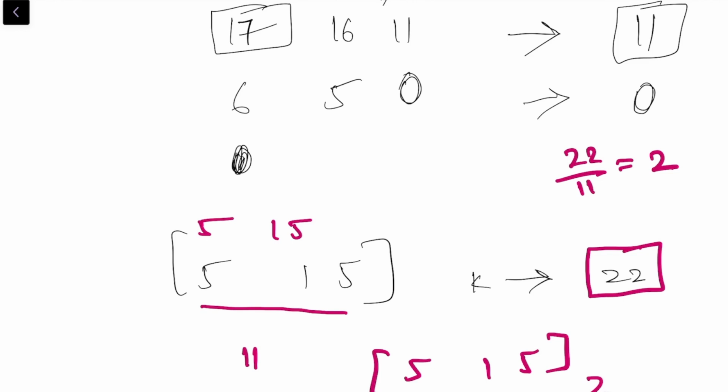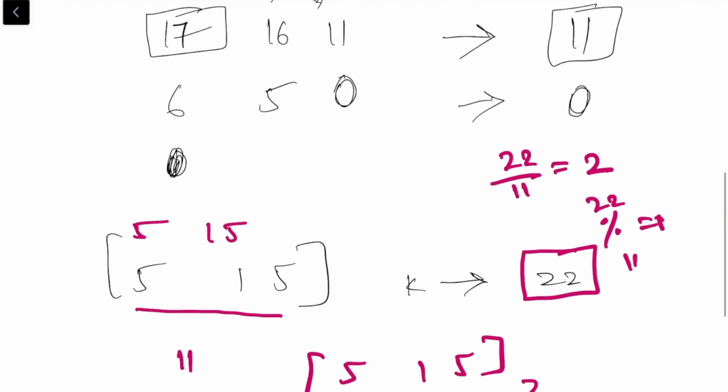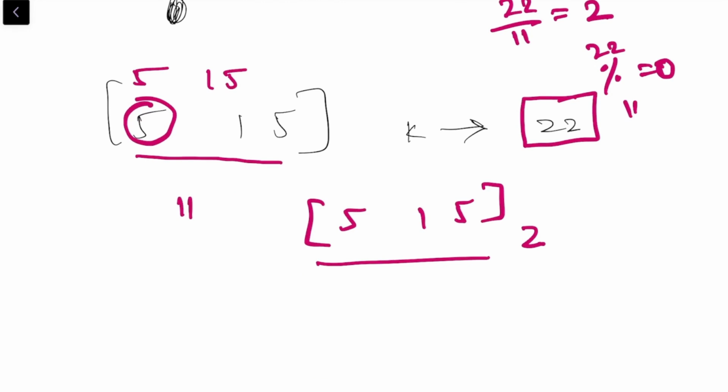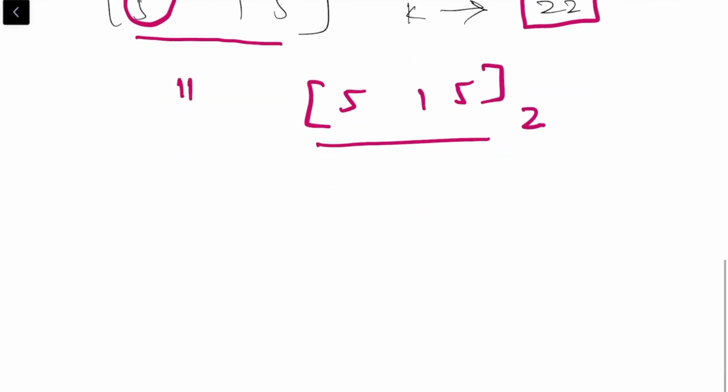Then the remainder is 22 modulus 11, which is 0. If there is any remainder, we'll check which student can accommodate it. I'll show you what I am saying with the next problem.